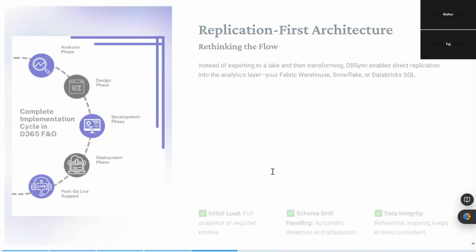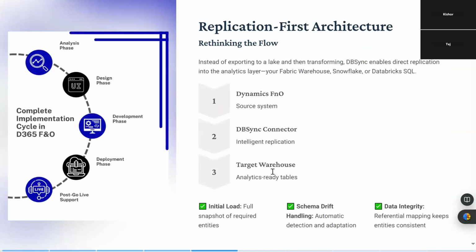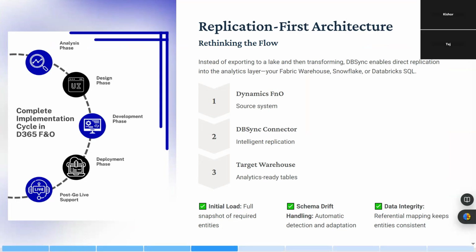Thanks, Tejaswini. Since we looked at what the integration approaches are, what the risks are, and what the considerations are to get started with replication, let's see what the replication architecture looks like.